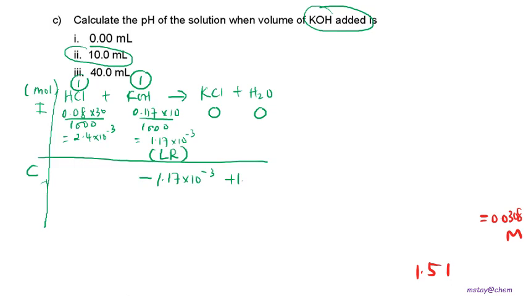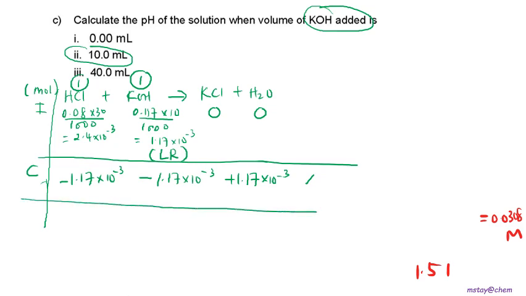The KCl will increase by 1.17 exponent negative 3, while for the water, we can ignore it. The number of moles of HCl also decreases by 1.17 exponent negative 3. In the end, there is no KOH, and only 1.17 exponent negative 3 mole of KCl.